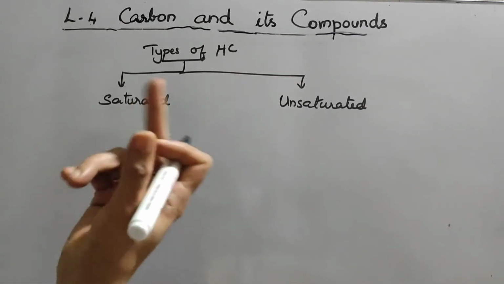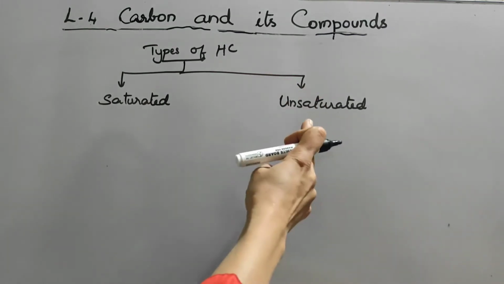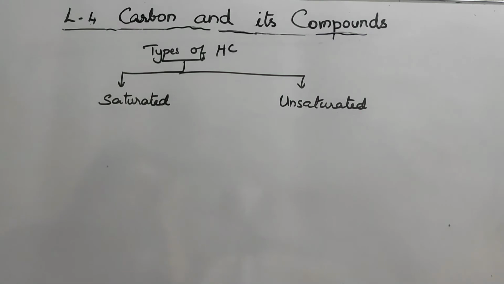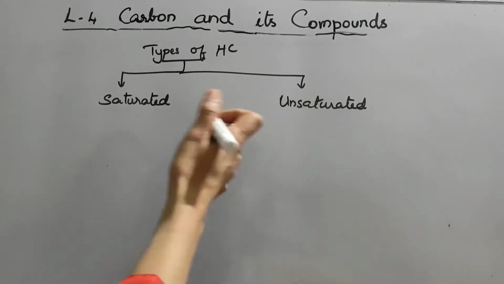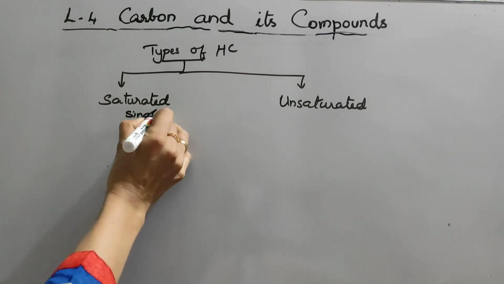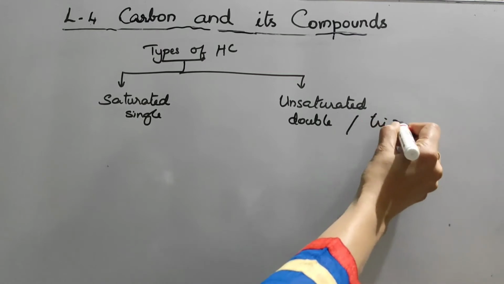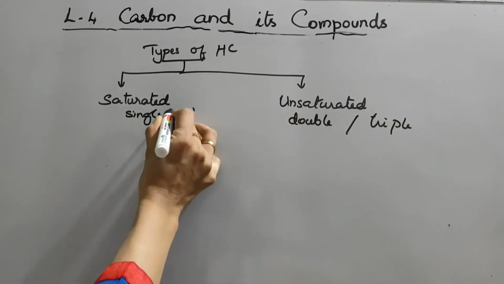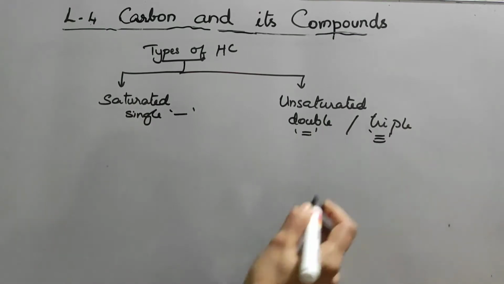And what about the unsaturated hydrocarbon? A hydrocarbon in which two carbon atoms, an important phrase you have to remember, are connected by a double bond or triple bond. Here it is a single bond, here it is connected by a double bond or triple bond. A single bond is specified like this, a double bond like this, and a triple bond with three lines.